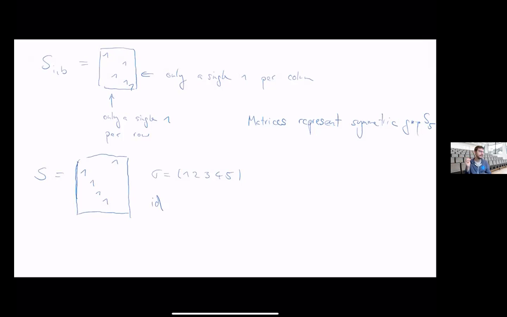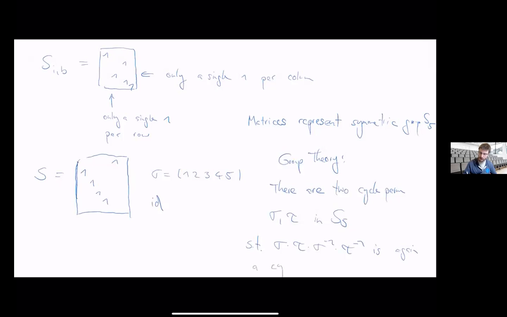Essentially the only thing I'm going to import now from group theory is that there are two cycle permutations, let's call them sigma and tau, in the symmetric group S5, such that sigma times tau times sigma inverse times tau inverse is again a cycle permutation.